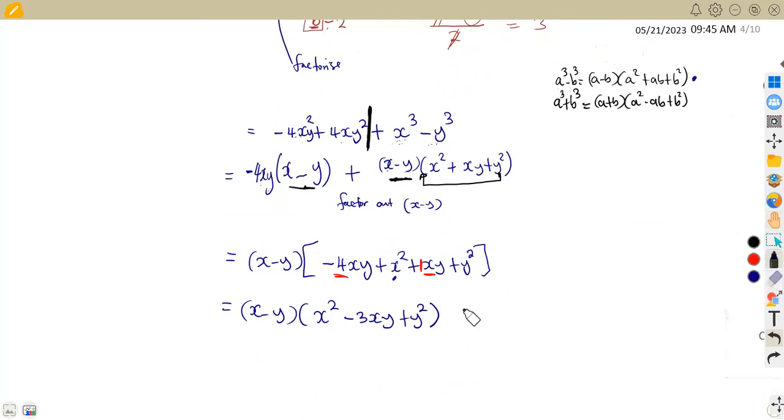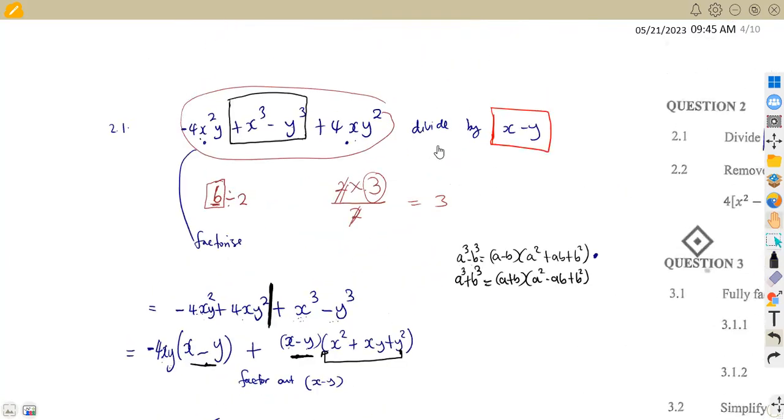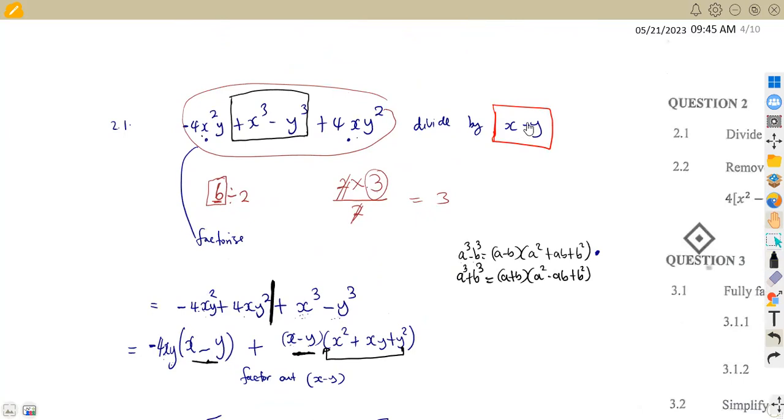This whole expression that is representing our question, we are going to have it as x minus y into this expression as it is. So this is into x squared minus 3xy plus y squared, like this, divided. We are now dividing with the part that we are asked to divide by, x minus y.